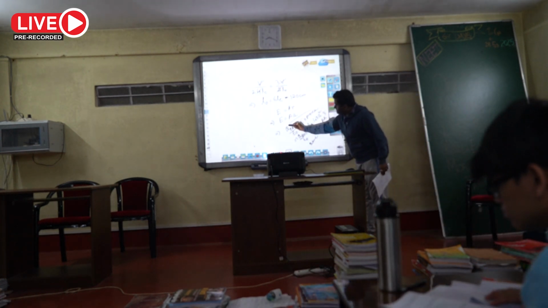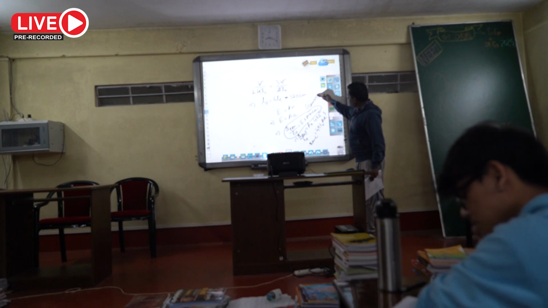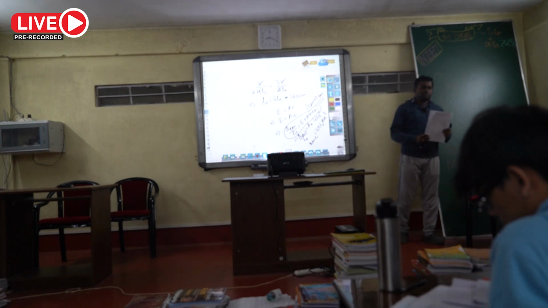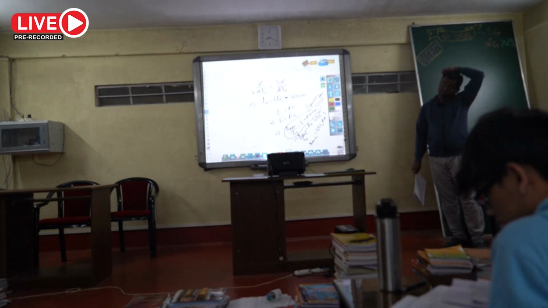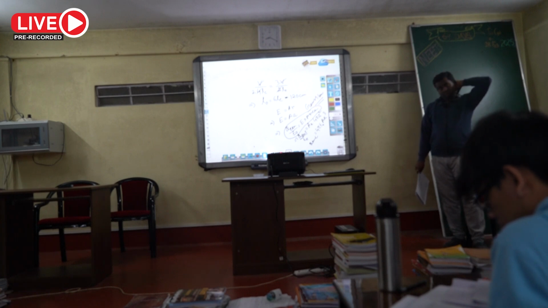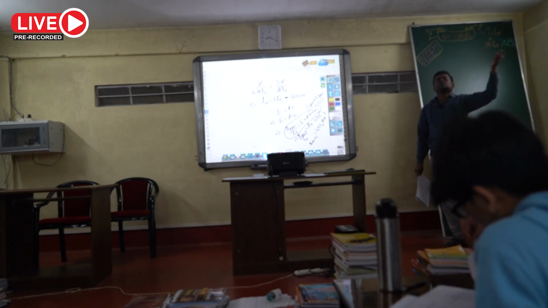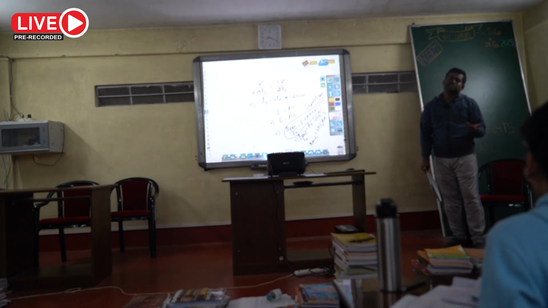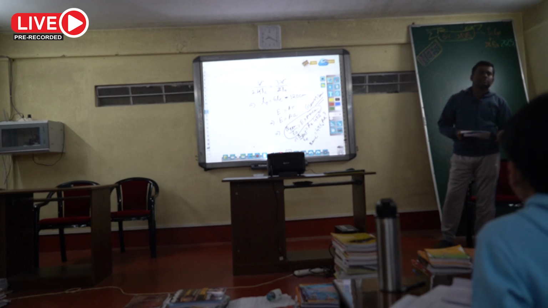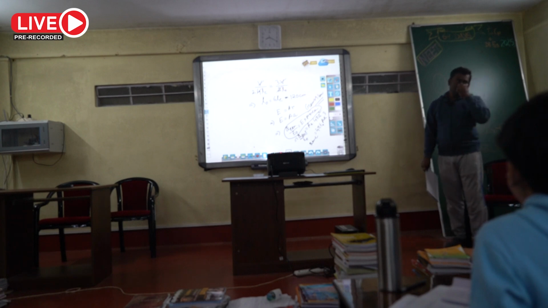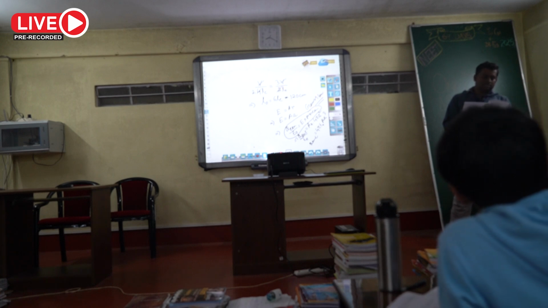This line I have written from Gauss's law. Since E is radially outward and the surface is a sphere, the area vector is also radially outward, so no need to integrate, you can just multiply E into the area of the sphere, as the area of the sphere is 4 pi small a square here. So option 3 is correct.